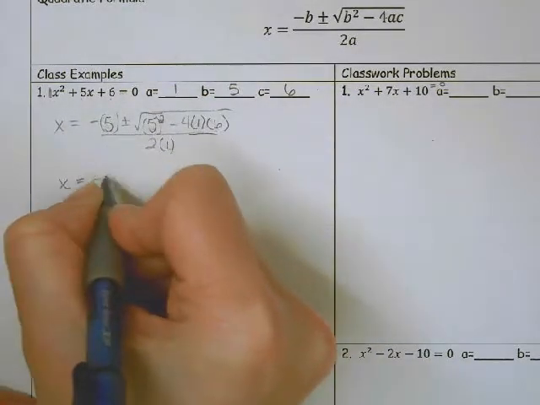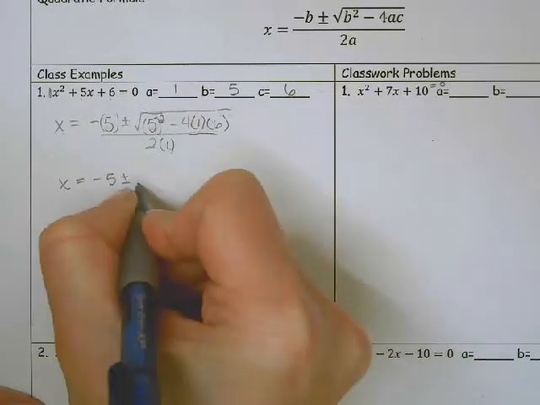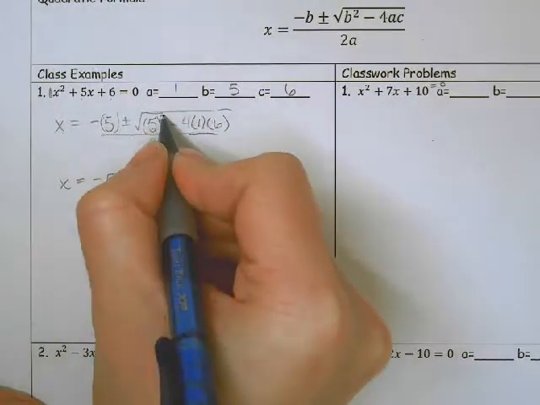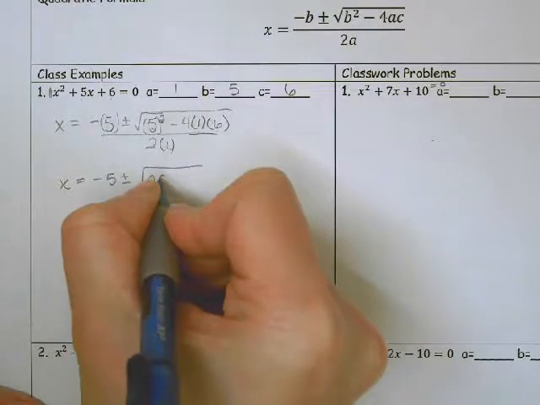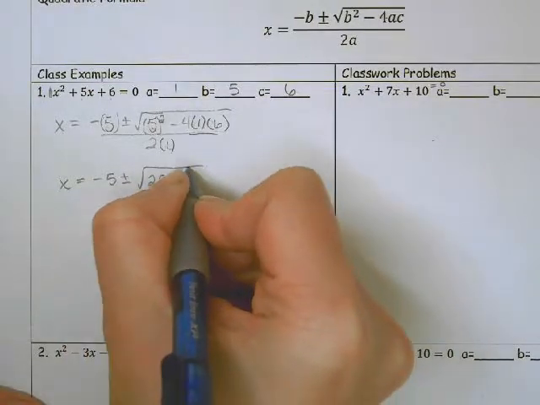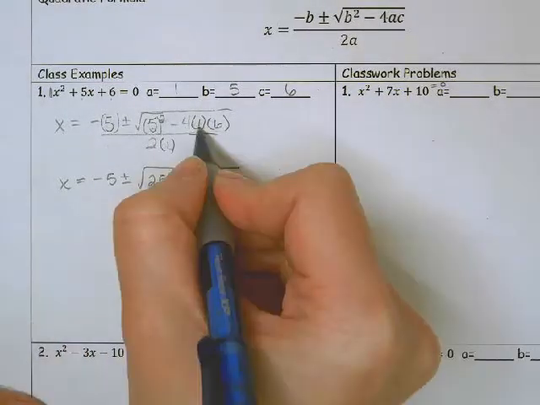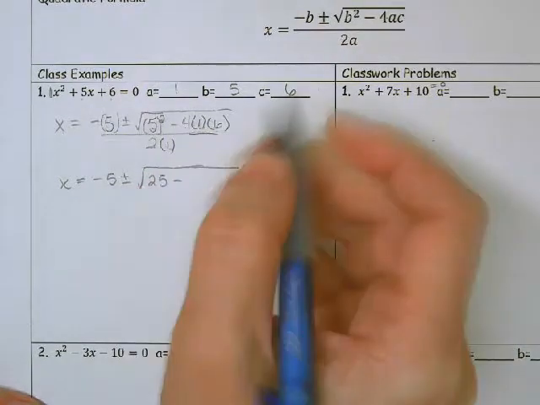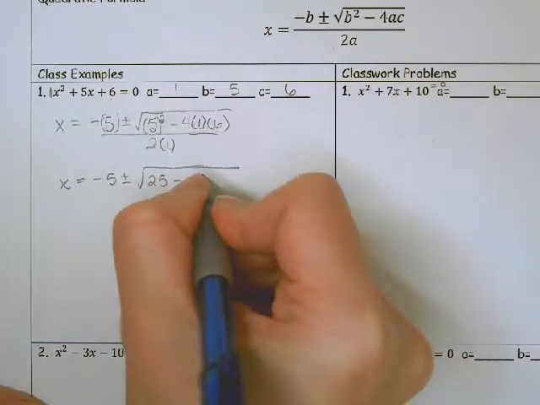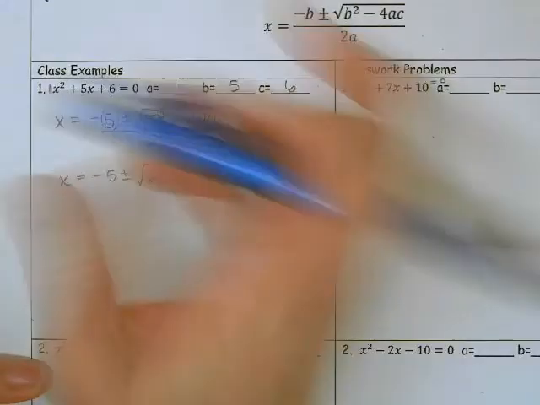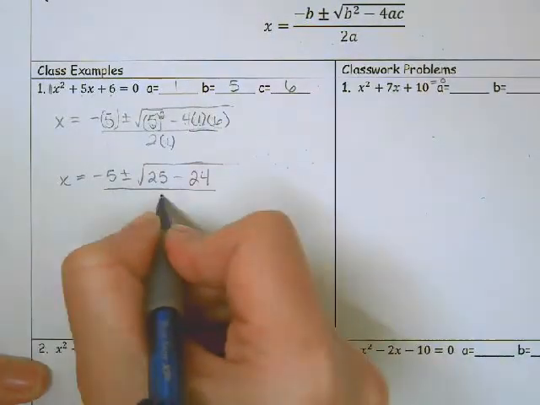So -5 plus or minus the square root. 5 squared is 25. Minus... all divided by 2.